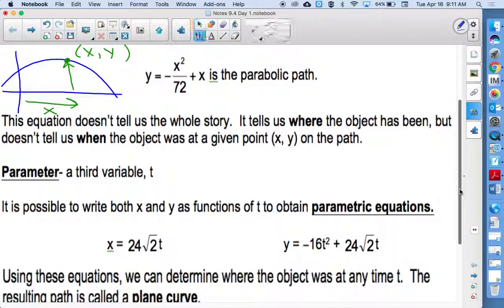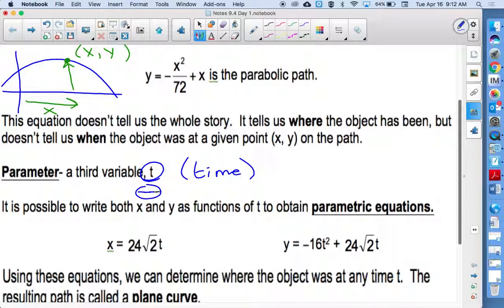So our third variable, the parameter, in most cases is t, because it's going to represent time, so that we can find when the object is at a certain horizontal distance and height corresponding with an xy point. We will also see that variable change into an angle. Sine and cosine are coming back. We'll kind of spiral this back in.